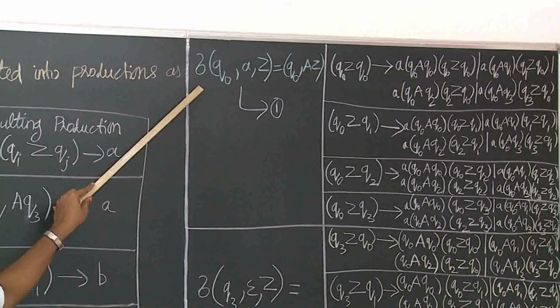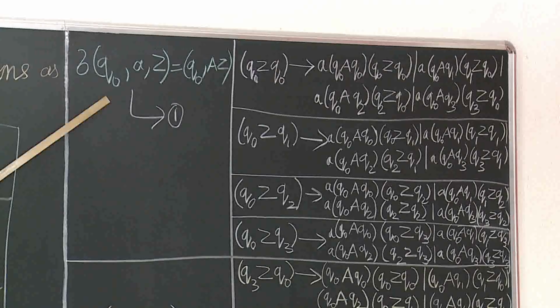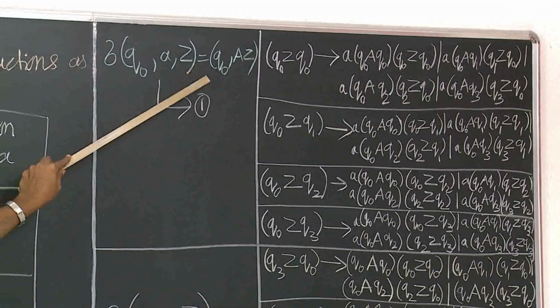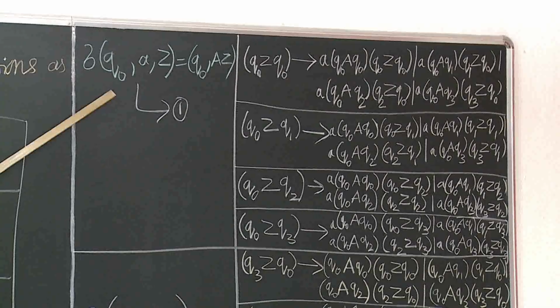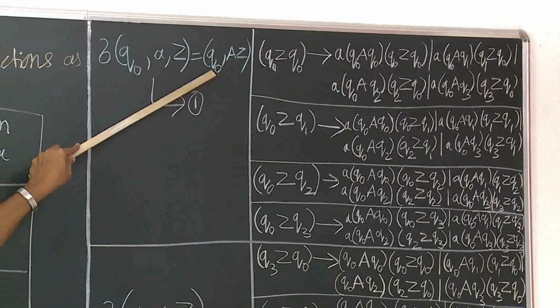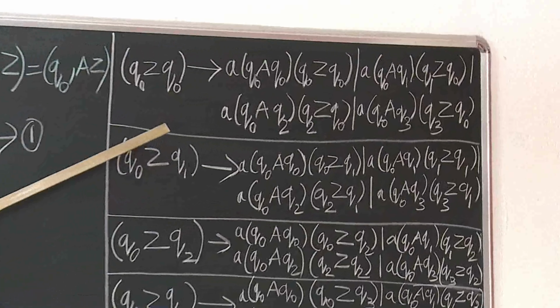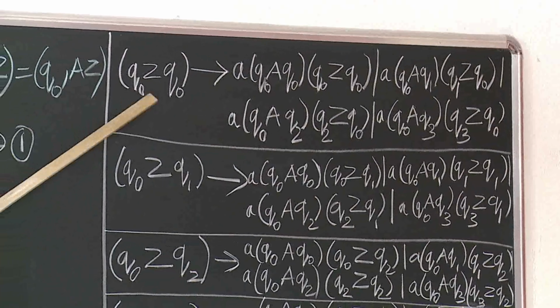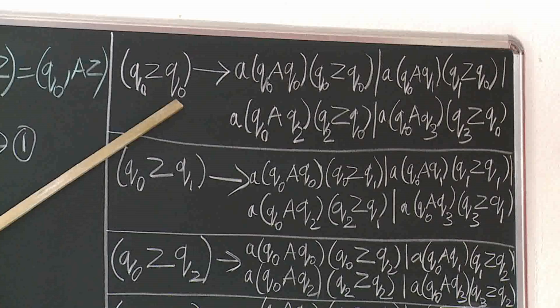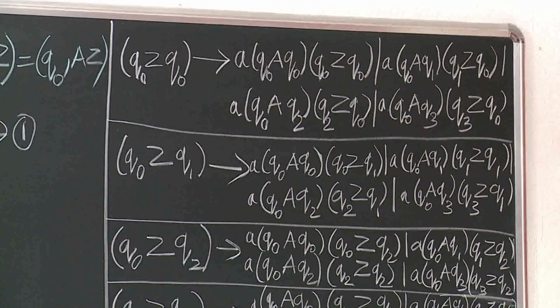First case, we have the transition delta Q0 comma A Z. The resultant will be Q0 capital A Z. Here I is 0, J is also 0. We can see the remaining things. For the given transition, we are going to consider Q0, 0. K takes each time the values 0, 1, 2, 3.